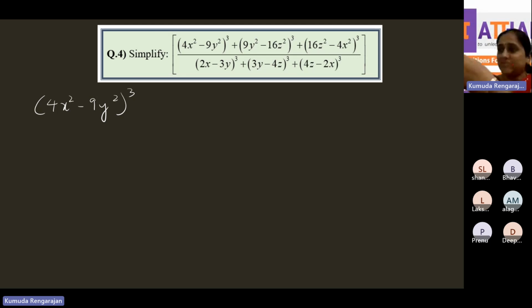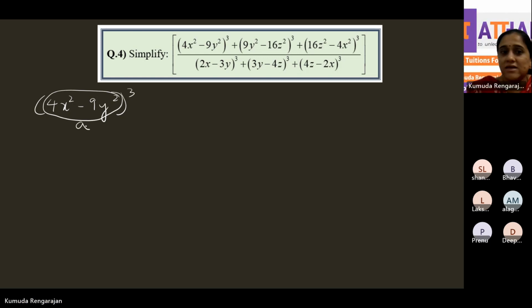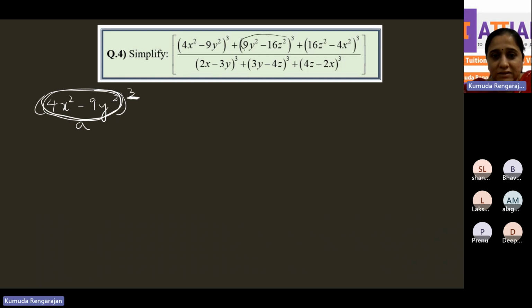Yes, Sadhana. So see, this one is A cubed. See, this is only A, and this is cube. Similarly, this is B, and this is that cube.